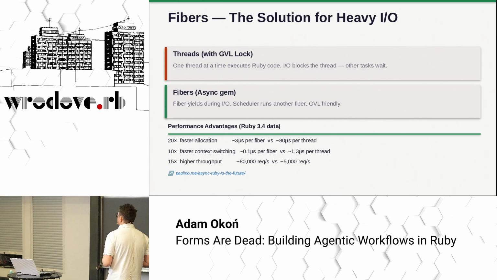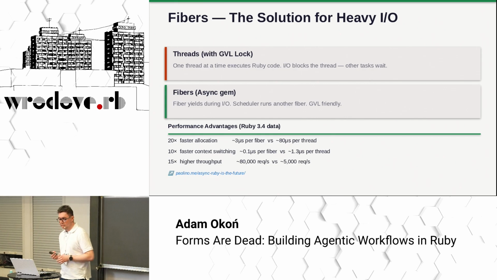So fibers give a very nice opportunity to have higher throughput here. I put in some statistics from a great blog post by the creator of RubyLLM. I recommend it. It contains a very convenient overview of the differences between fibers and threads. So fibers, with the support of the async gem, can give us a more performant way to run LLMs inside the Rails application.